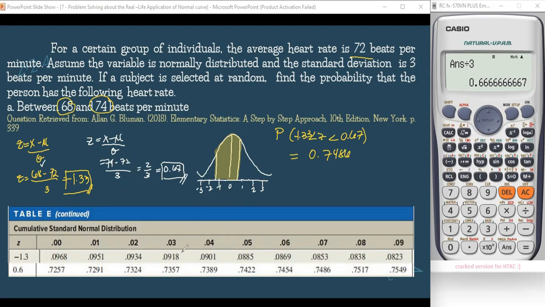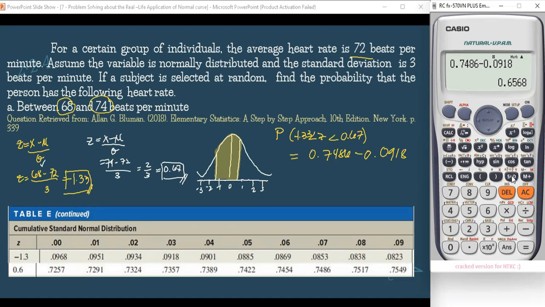And for negative 1.33, that is 0.0918. So negative 1.33 here, and 0.67 is 0.7486. Now we need to subtract it. So we have 0.7486 minus 0.0918.